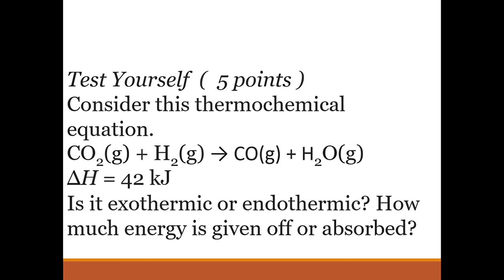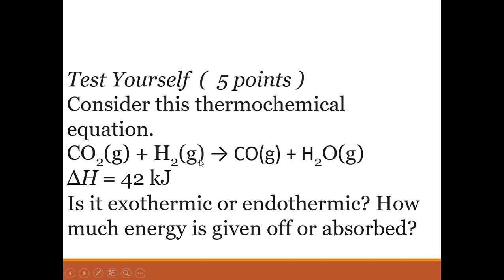It is endothermic. Why is it endothermic? Because we see a positive sign. If it is positive, we can also write it like this, or just write the number. We don't see the negative sign here, so it is endothermic.